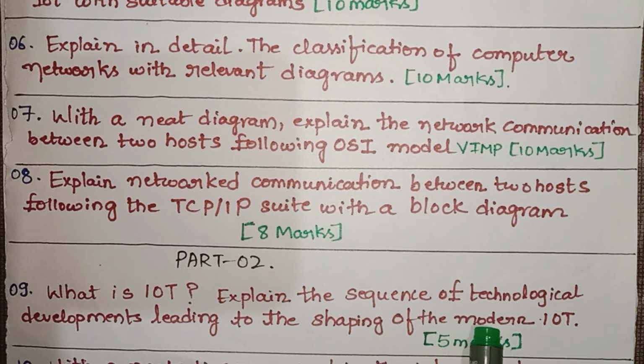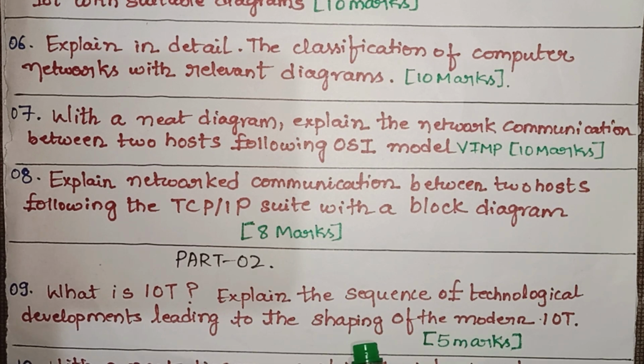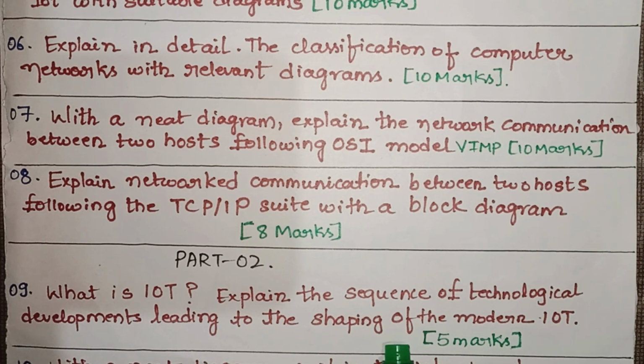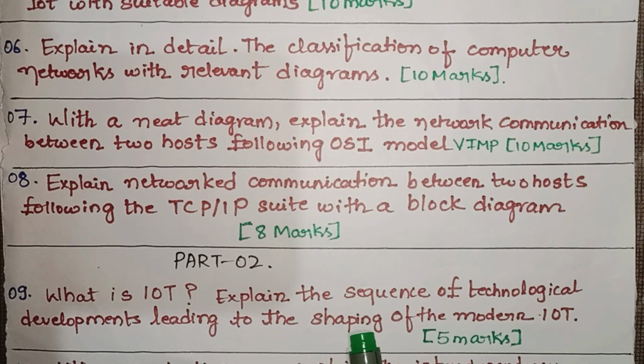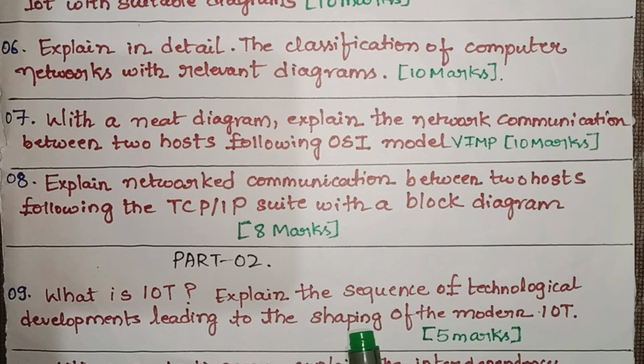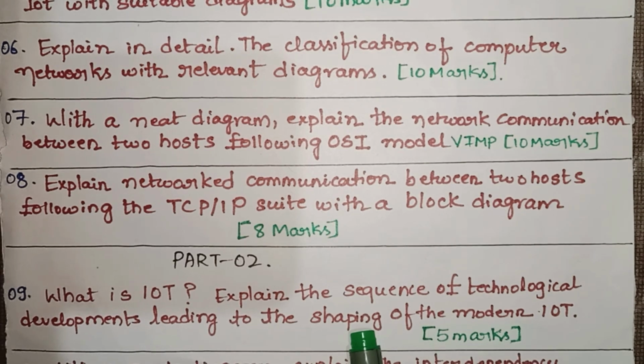You should explain automated teller machine, World Wide Web, smart meters, digital locks, connected healthcare, connected vehicles, smart cities, smart dust, smart factories, and the last is unmanned aerial vehicles. You have to explain these 10 points for this question.